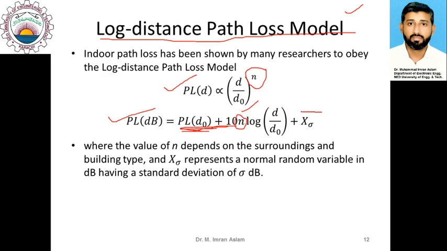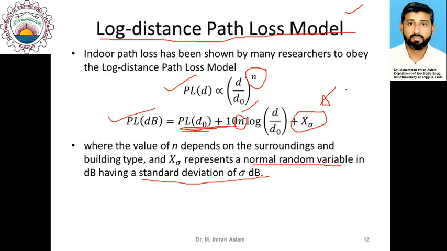And also, as I mentioned previously, there is some randomness in those path loss measurements. So path loss actually represents the median value of the loss. In order to represent that randomness, we generally add a shadowing random variable X sigma, where this X sigma is a normal random variable, of course in decibels because the entire expression is in decibels, which has a standard deviation of sigma dB, and the mean value of this X random variable is taken as 0.